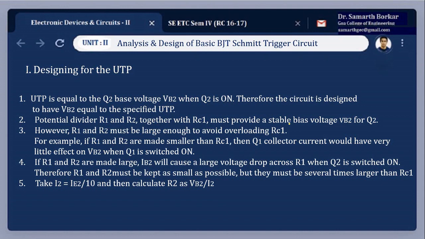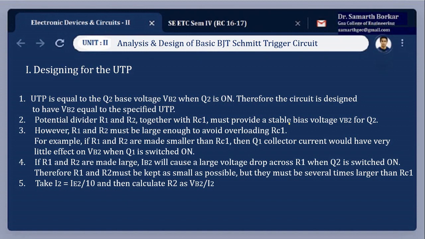Next is the designing for the upper trigger point. Now if you refer to the circuit diagram, there are two transistors, Q1 and Q2. Each transistor has its own collector resistance, RC1 and RC2. And this UTP is decided by the collector resistances. If RC1 and RC2 are of equal value, then we need not design the LTP.